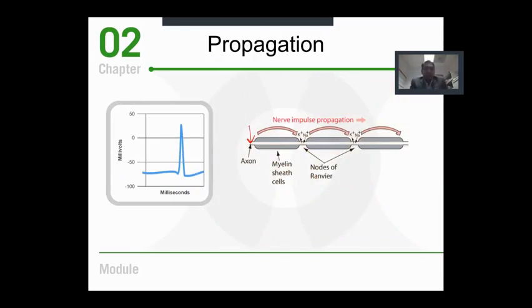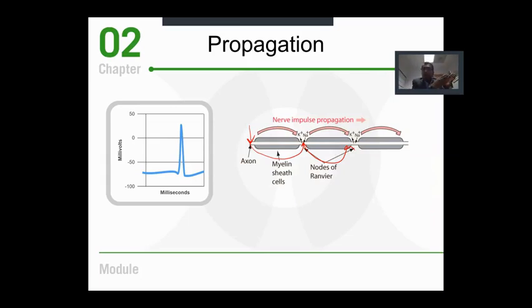Now, through a process called conduction, this induces a similar change in the next node of Ranvier, which again induces the change in the next node, and this is how the reversal of the charge continues along the length of the neuron. This is called propagation of neural impulse or action potential. In other words, it is how the information is transmitted along the length of the neuron or the axon.